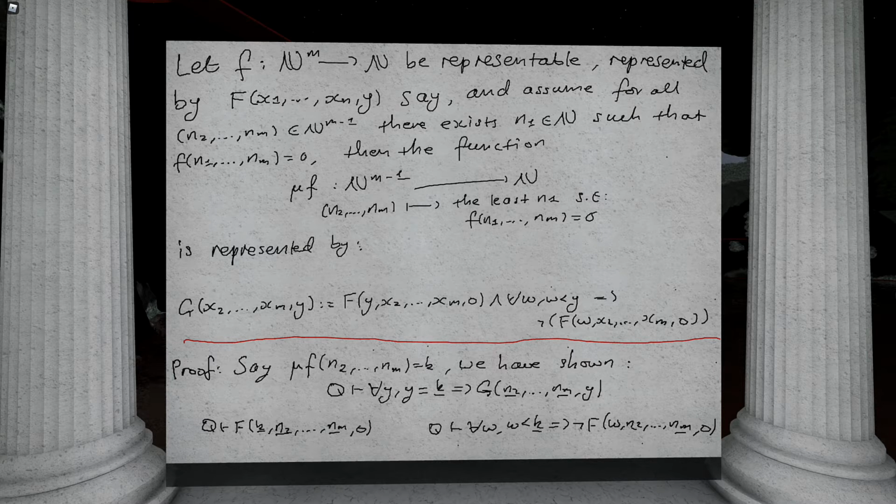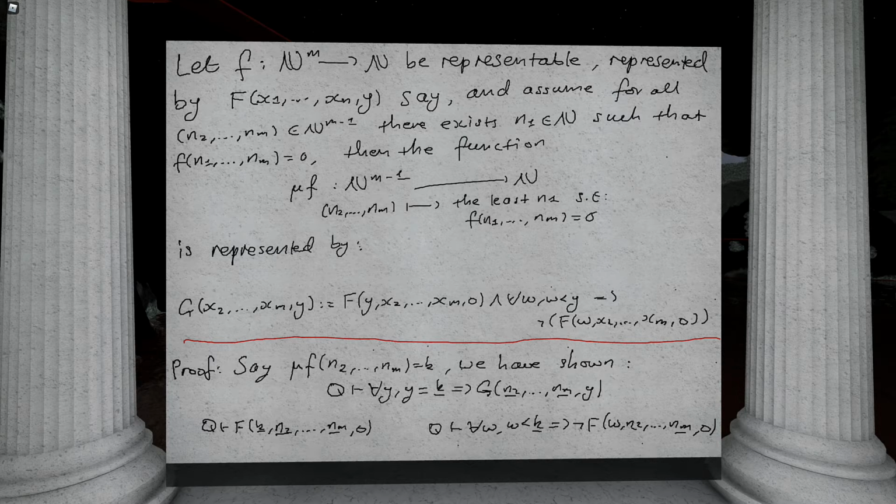So let me just remind you what this says. So suppose that we have a function f, which is going from m copies of the natural numbers to the natural numbers. And let's assume that this is represented by this formula, say, so capital F will denote the representing formula for lowercase f.